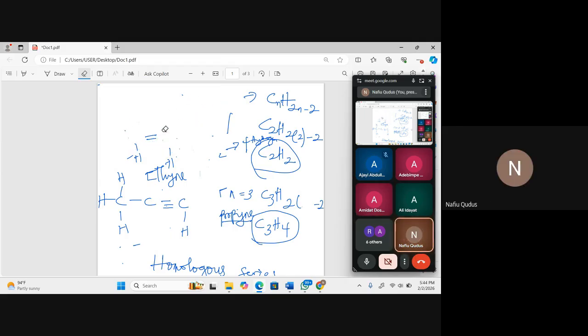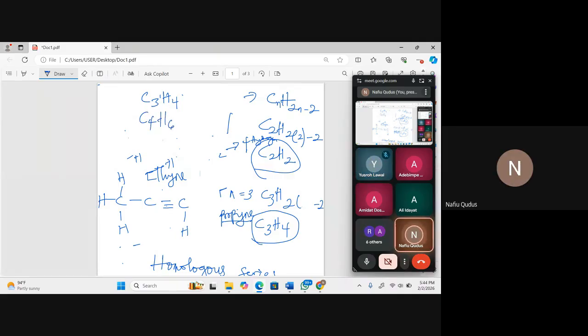So if ethyne is C3H4, if it follows the homologous series, what will be the next one, which is butyne? C4H6.